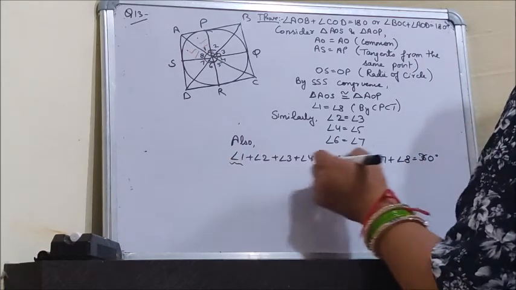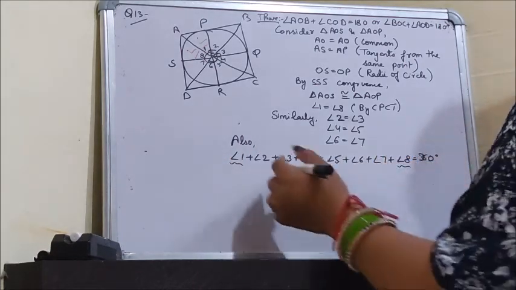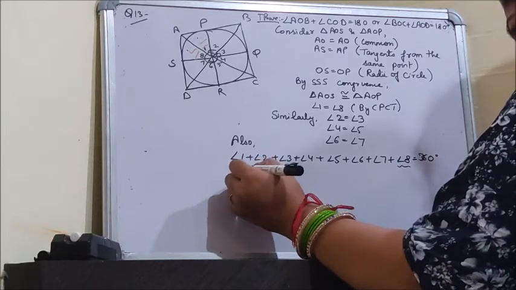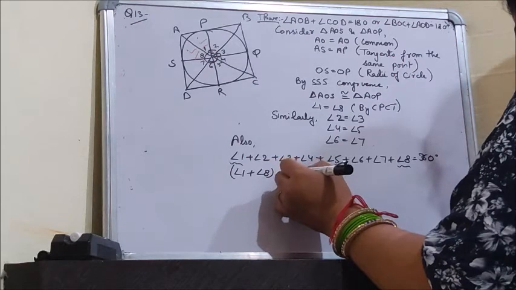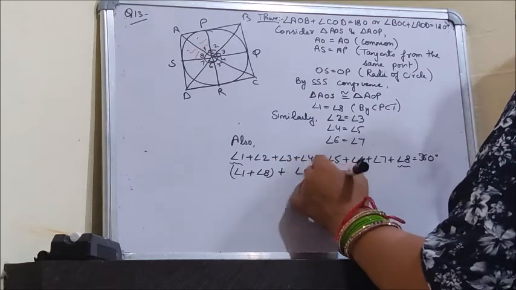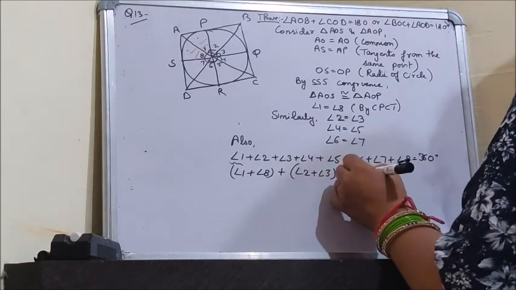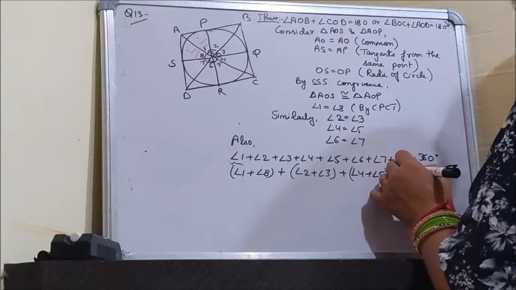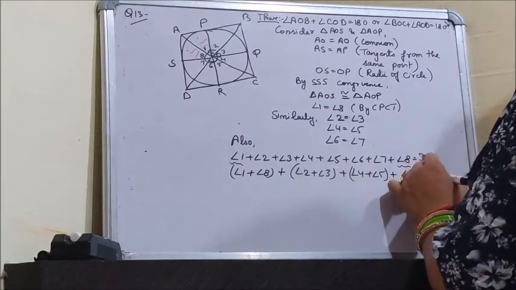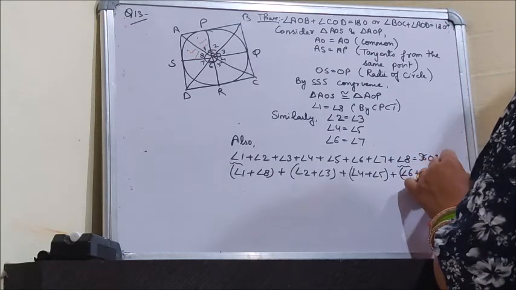So angle 1 plus angle 8, you can write like this, angle 1 plus angle 8 together, plus angle 2 plus angle 3, angle 4 plus angle 5, angle 6 plus angle 7 is equal to 360 degrees.